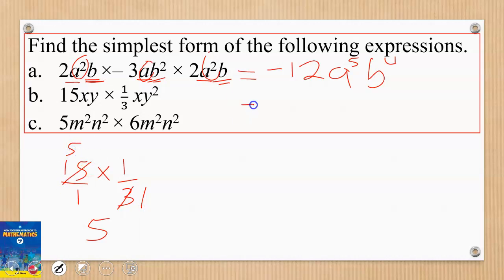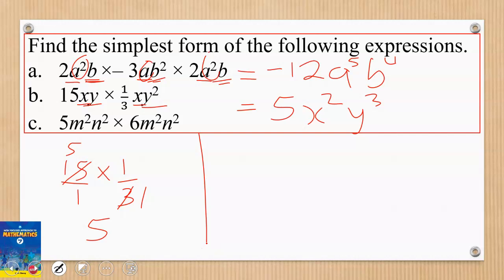So we have 5. Then x times x will give us x squared. y times y squared will give us y cubed. Then we are done with that. I hope it's very clear. Good. Now let's look at the last one.